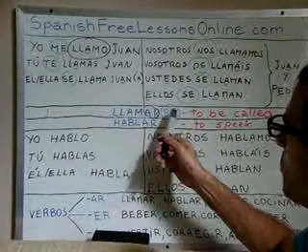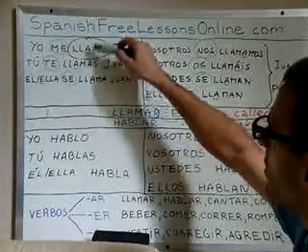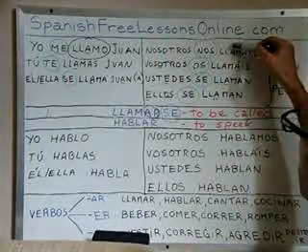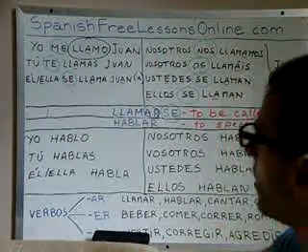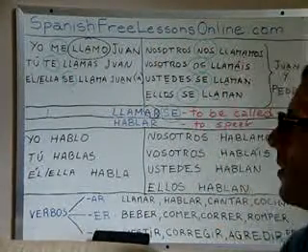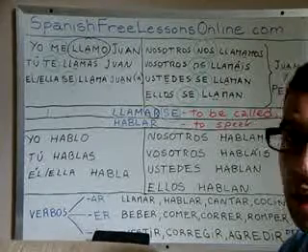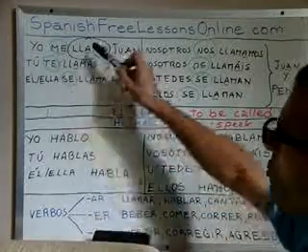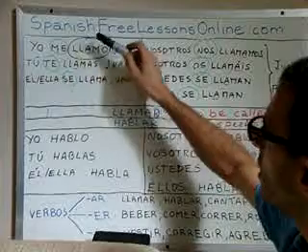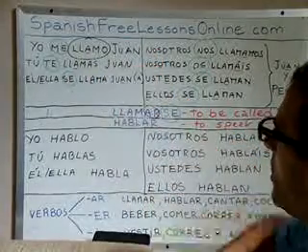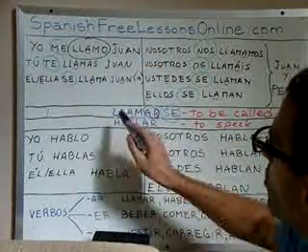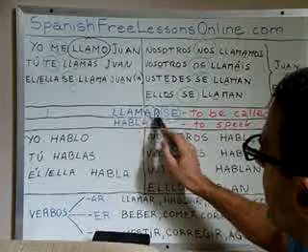So, although this is reflexive, this is the regular way of conjugating for present tense. Verbs ending in ar will always conjugate for the first person in, you see, you take the root of the verb without the ending, right?